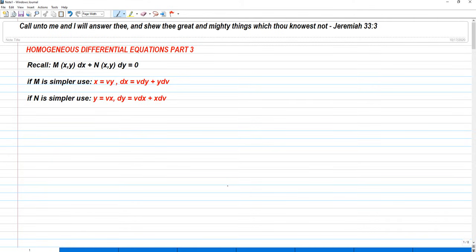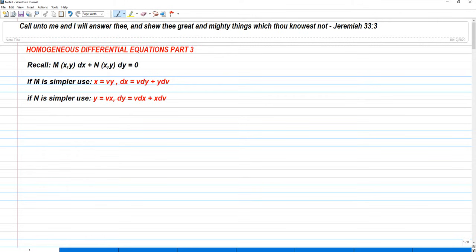So if we wish to recall, a homogeneous differential equation should be arranged in this manner wherein we have M in terms of x, y, dx, plus N, which is a function in terms of x and y, dy equals 0. So we have two substitutions that we are going to use.